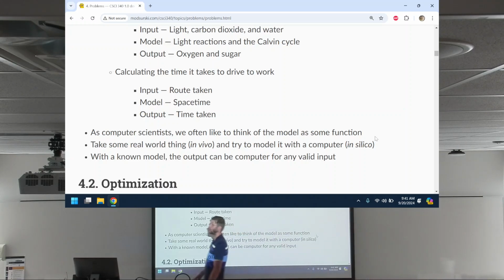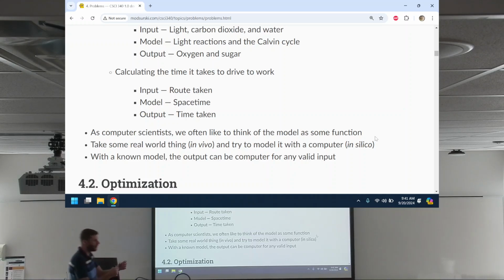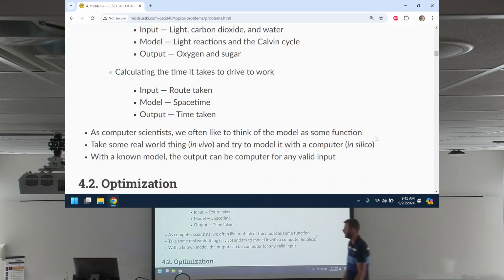So with a known model, the output can be calculated with any valid admissible input. It's simple. You have a function. I have valid input, the model can calculate the output. Always, always, always. You try to break it, well, maybe the only way you're going to break it is if you give it invalid inputs or something. Pretty straightforward, right? This shouldn't be shocking to you.